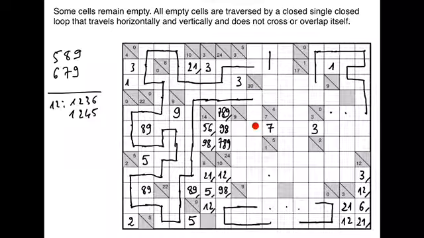If it goes down, it takes 2 cells with only 4 cells remaining, but then it has to go this way, and it will have to go through this column again, leaving only 3 cells. So it's not possible. So it doesn't go down, it has to go to the right, and this must be a digit.